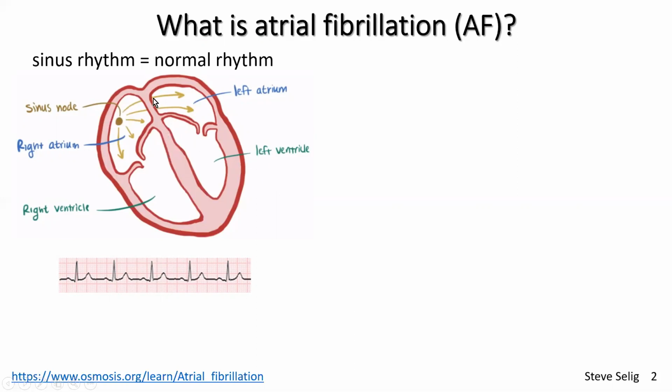The contraction in the upper chambers is responsible for about 20% of the filling of the lower chambers, which means that the other 80% is just through passive filling of the lower chambers from the great veins, either coming from the venous system or coming from the lungs to fill the left chambers.